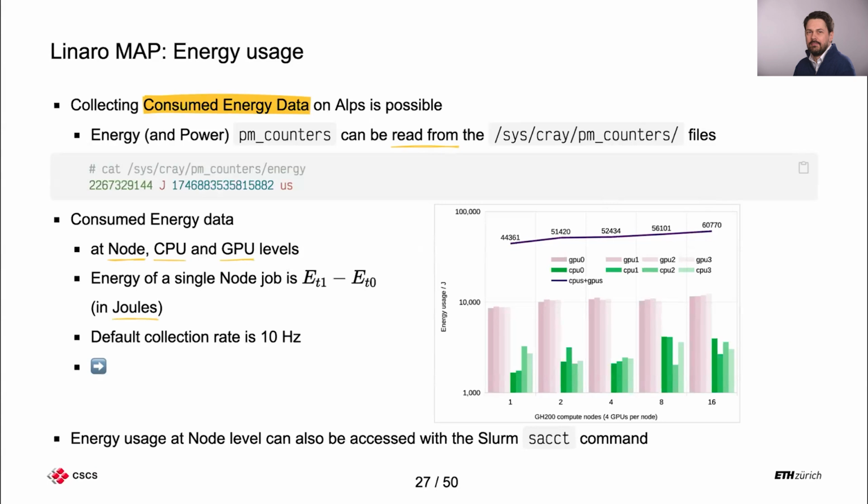If you read the counters at the beginning and at the end of your job, you will get the energy of your job in joules. The sampling rate is 10 times every second.